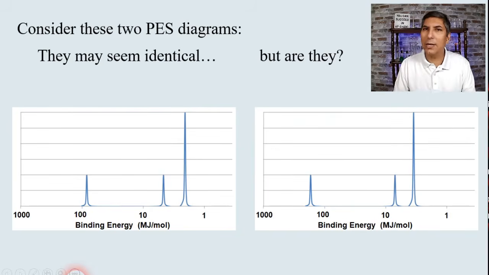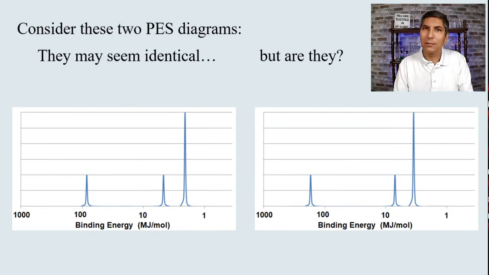And the fact is they're not, because we notice that even though the peaks and the heights are basically the same, they are at different places on the x-axis. For example, this first peak on the first graph is somewhere a little bit less than 100 megajoules per mole, whereas on the second graph, it's a little bit higher than 100 megajoules per mole. So they're not the same species here. They're not the same substance that we're talking about.